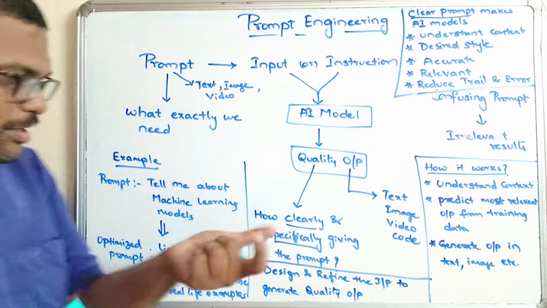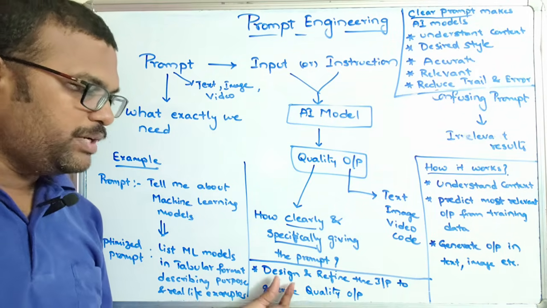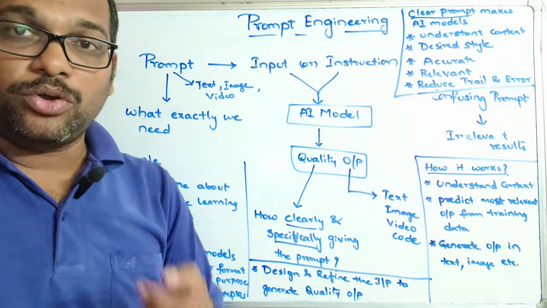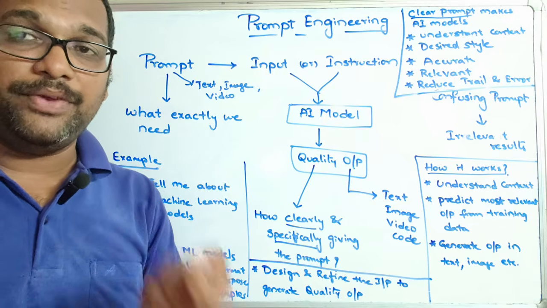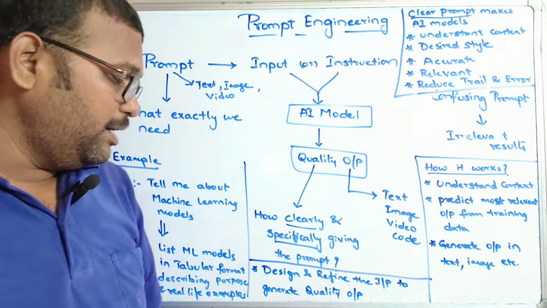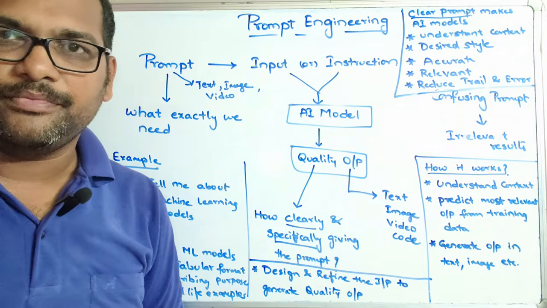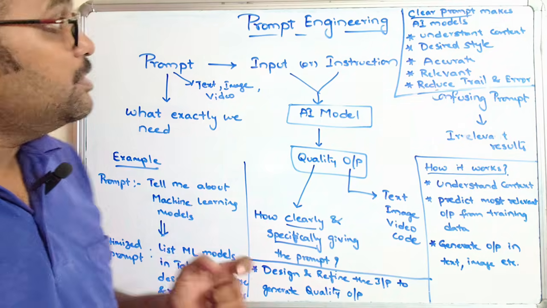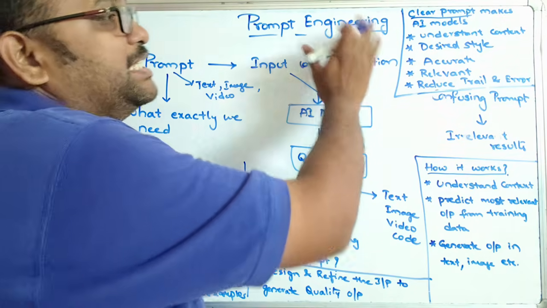The prompt, whatever prompt we are giving, is used to design and refine the input. So how clearly you give the input, that quality we will be getting in the output, right? So this is called prompt engineering.